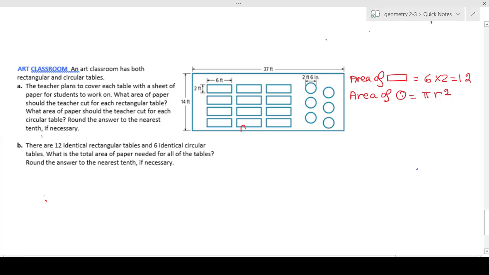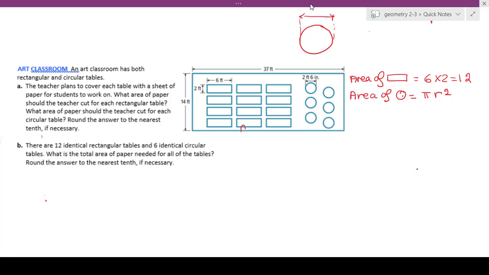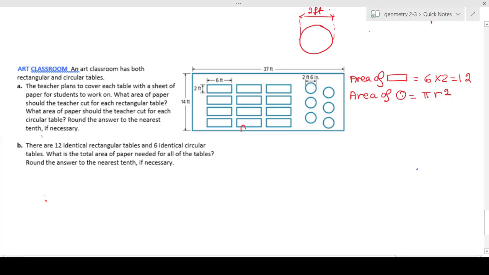Here he gave me, if I make this a little bit bigger, this is the circular table. He gave me that the diameter, which is all of this, is equal to 2 feet and 6 inches. Okay? So we need here the radius. We don't need the diameter. So first we need to find the radius, which is the diameter divided by 2.